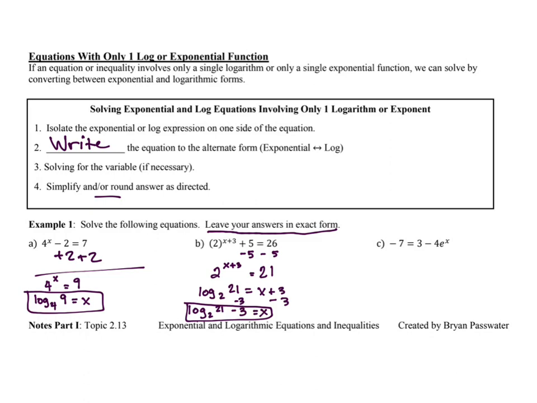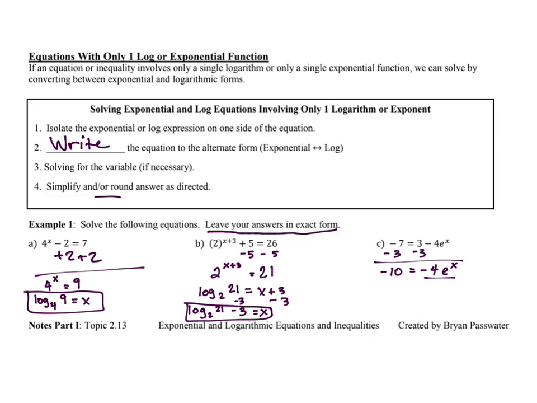It would be negative 3 plus. Everybody all right? How about here? Minus 3, she says, with authority, and she's right. So negative 7 minus 3 is negative 10 equal to negative 4 e to the x.